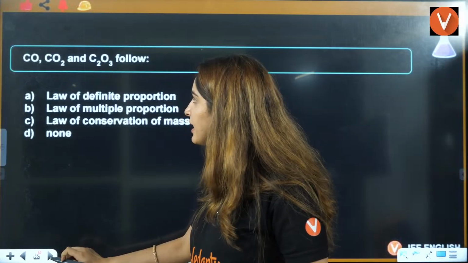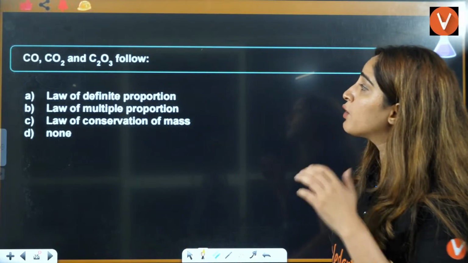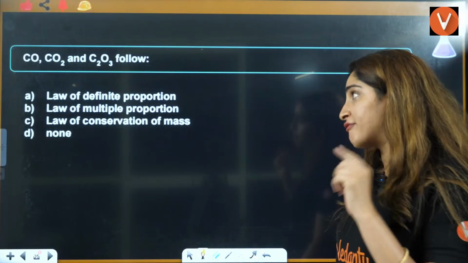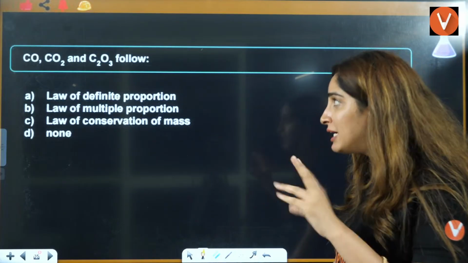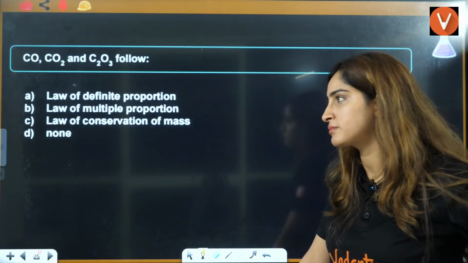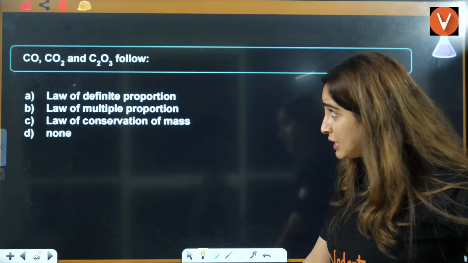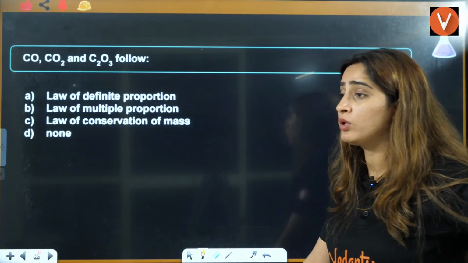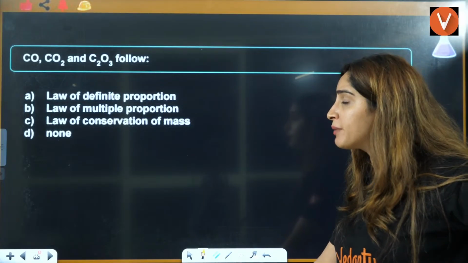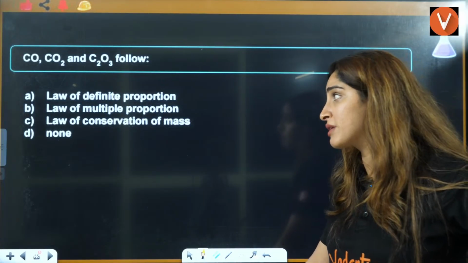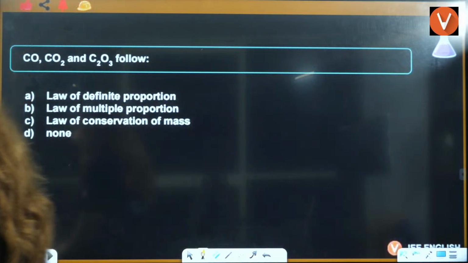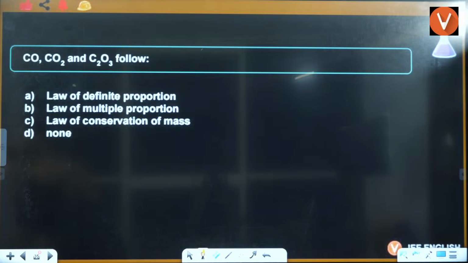The last one: CO2 and C2O3 follow which of the following: law of definite proportion, law of multiple proportion, law of conservation of mass, or none? Okay, let me see that.